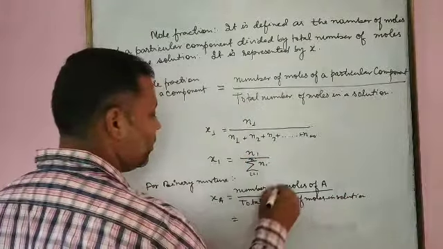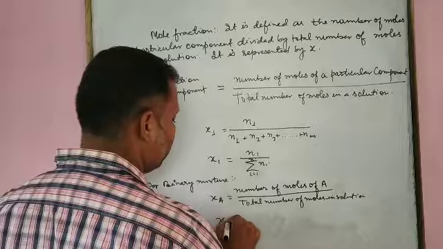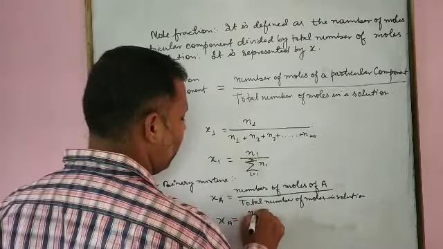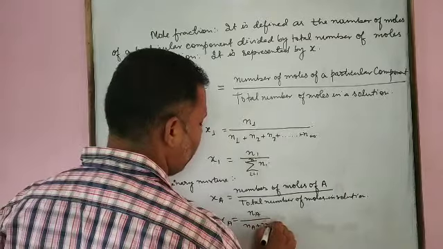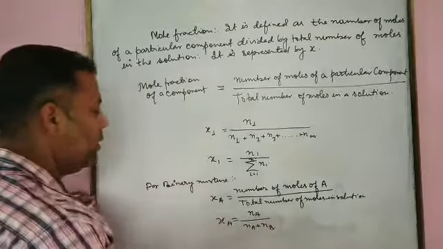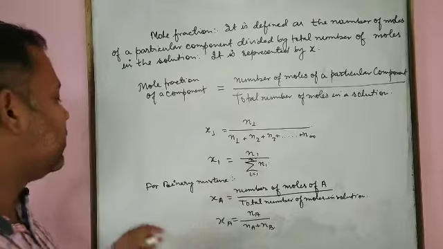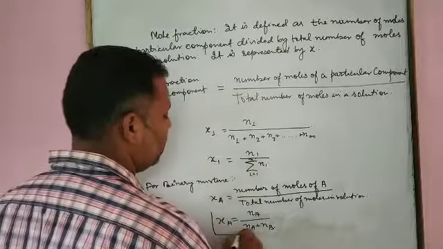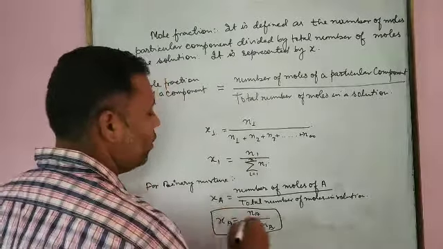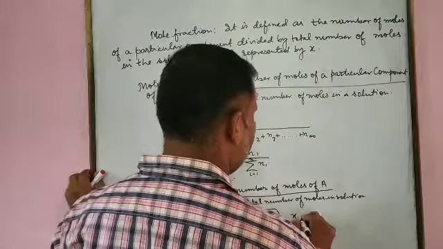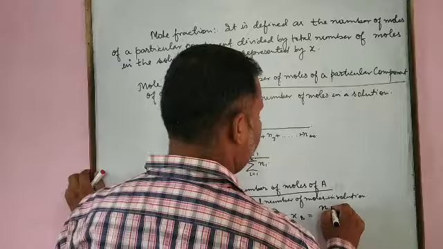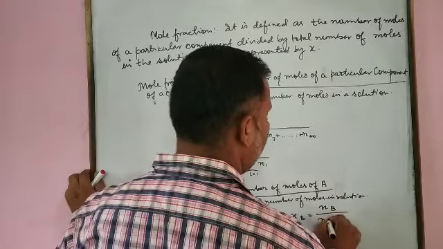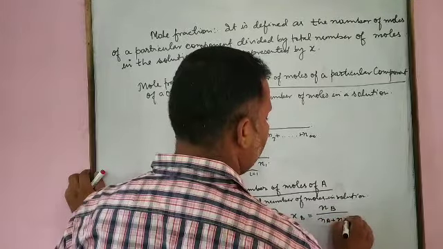It is also represented as XA equals NA by NA plus NB. This is how we represent the mole fraction of A. If we want to represent the mole fraction of B, it is NB by NA plus NB.